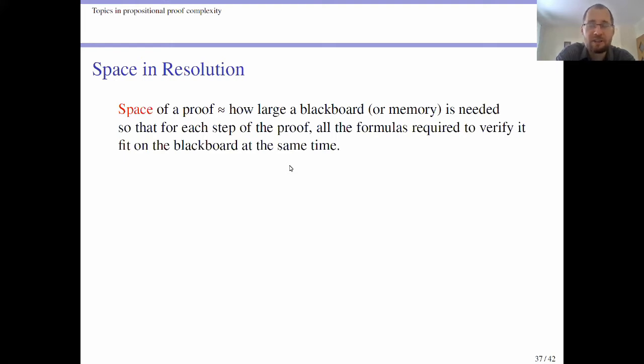It's not as clear cut as the connection between proof size and running time of a solver. So this is more loose, but it's a nice measure, and it's proof theoretically natural. It's a very good question: how much space on the blackboard do you need to go through with a proof? Okay, so that's the idea.